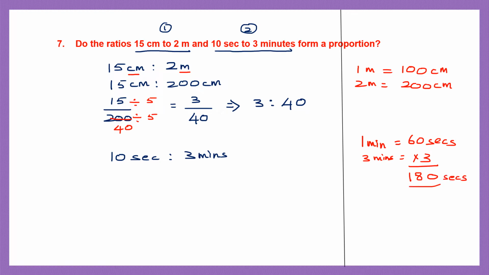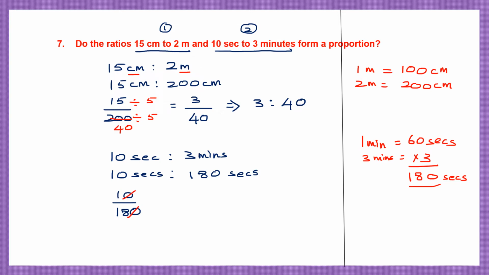So now I have converted both to seconds. The first one will be 10 seconds, the second term will be 180 seconds. Now both are seconds. I'm going to write them as a fraction, 10 by 180, and then reduce them to the lowest term. Before that I can cancel the zeros.